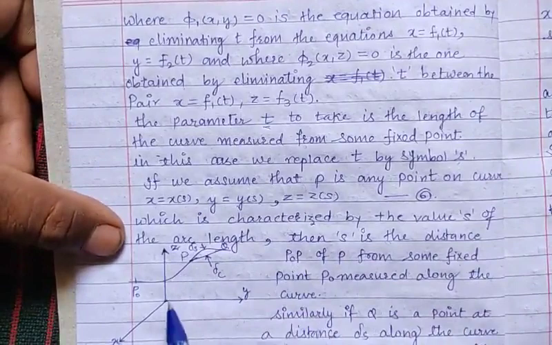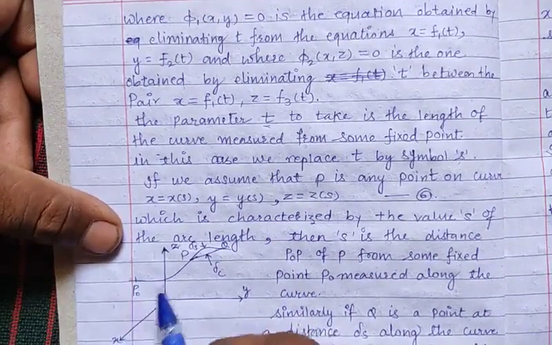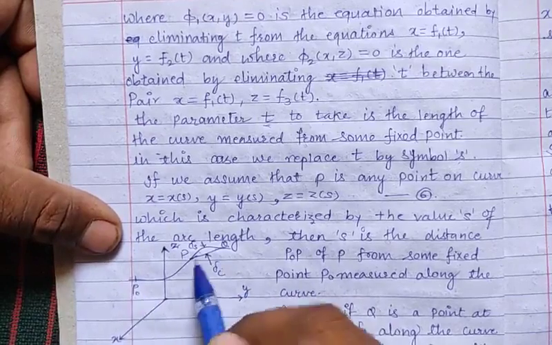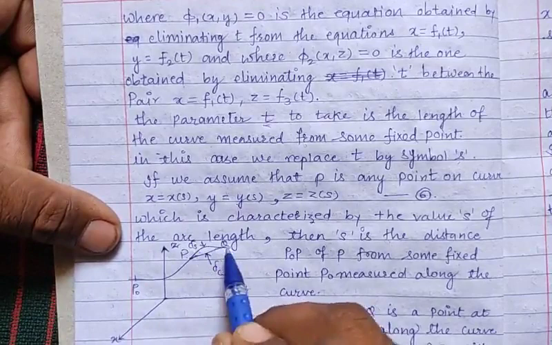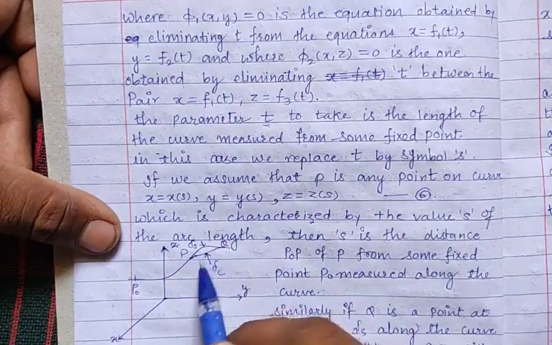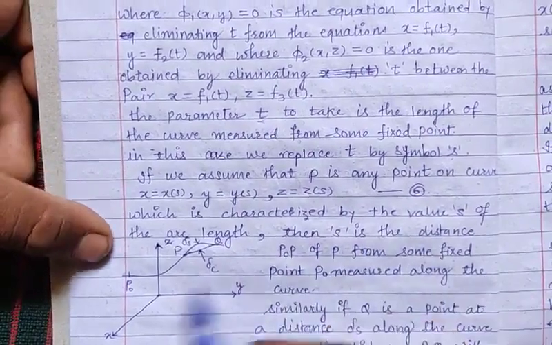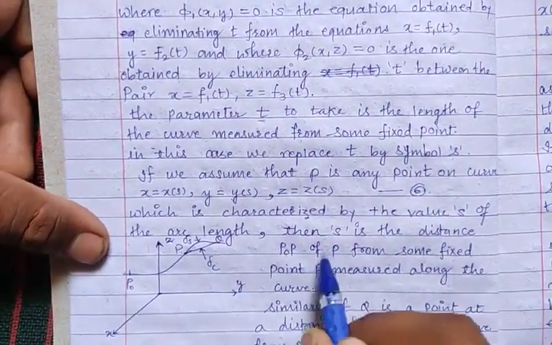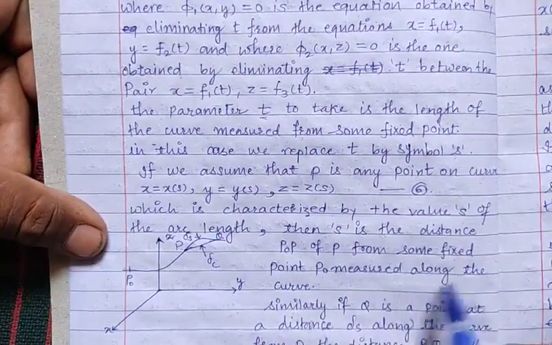I have drawn the figure. There are x, y, z coordinates, and there is some curve. Here is p naught and here is p, and here is a small displacement delta s, and here is another point q, and here is delta c. Now s is the distance from p naught to p, of the point p from some fixed point p naught, measured along the curve.